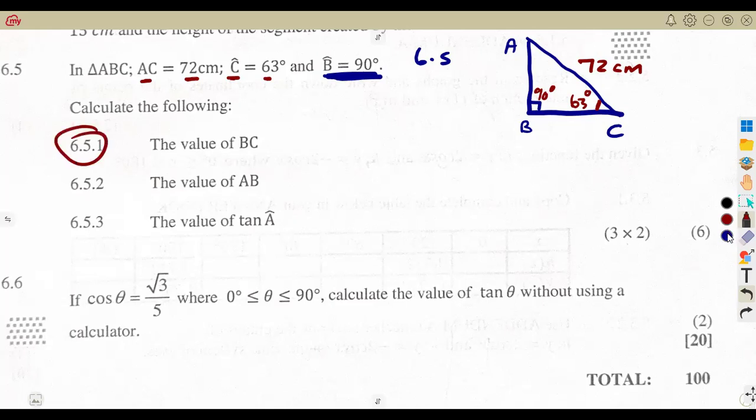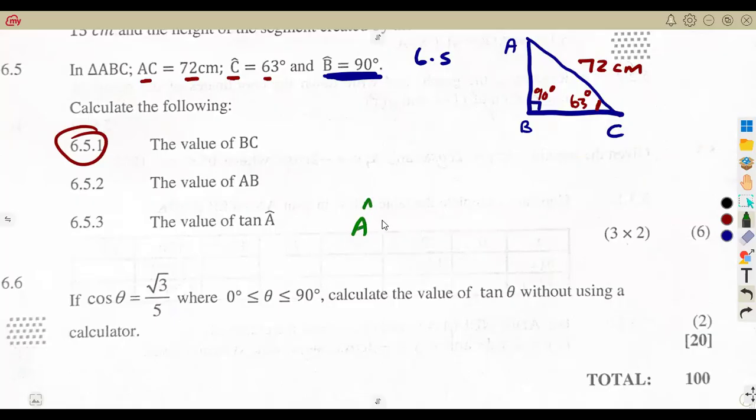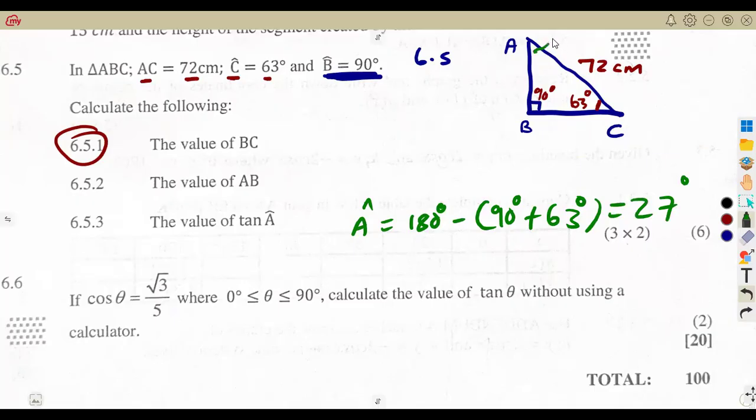In 6.5.1, you can actually calculate angle A. Remember, angles in a triangle, guys, add up to 180 degrees. So angle A is going to be 180 degrees minus 90 plus 63 degrees, which is 27 degrees. You can even calculate this angle here, 27 degrees, if you want.